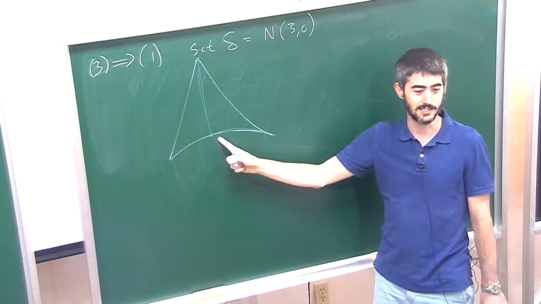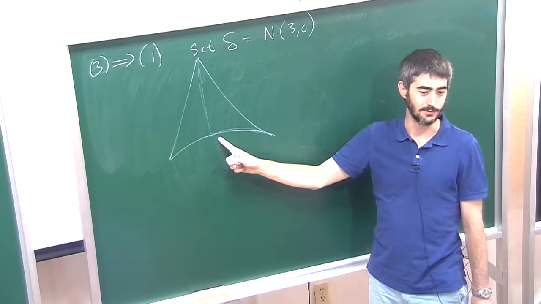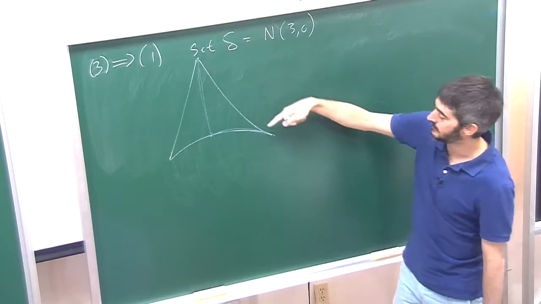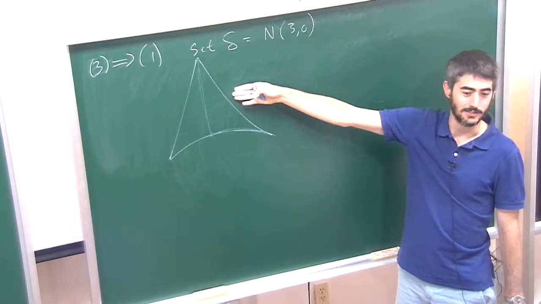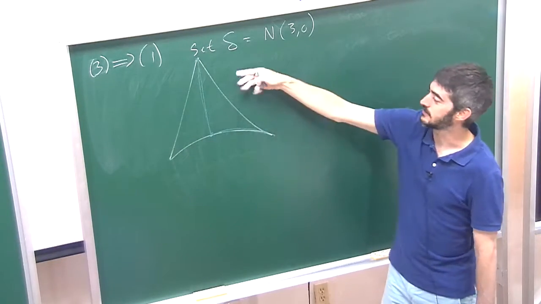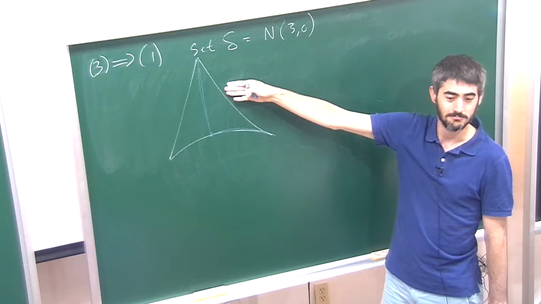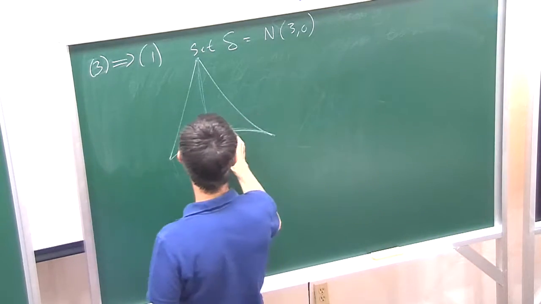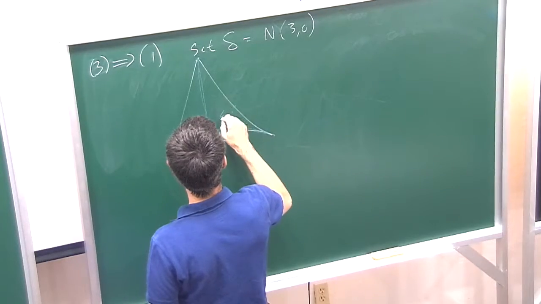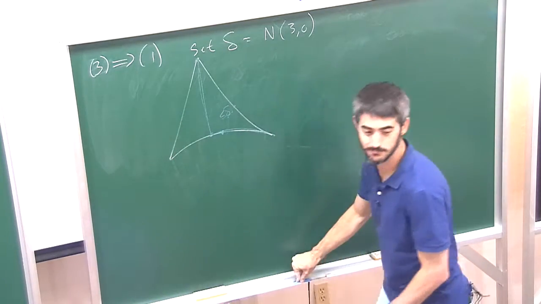It's a (3, 0) quasi-geodesic. Right? That's what our lemma says. And it starts and stops on this side. So therefore, the whole thing lies within delta of this side. Okay, in particular, all the points over here lie within delta of somebody over there.